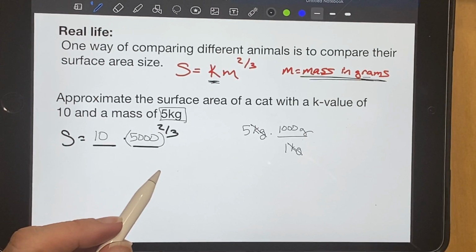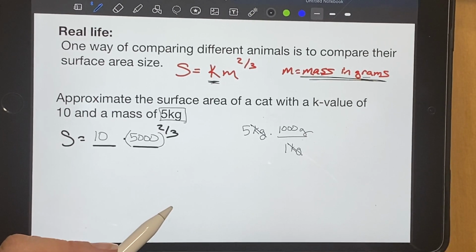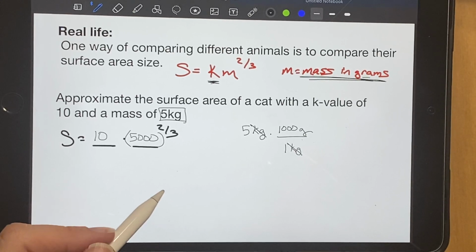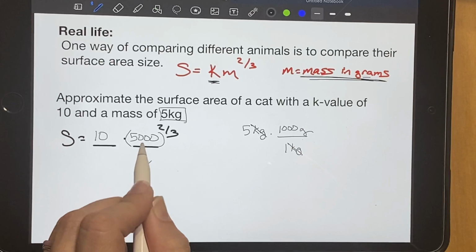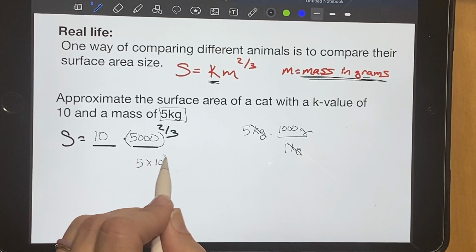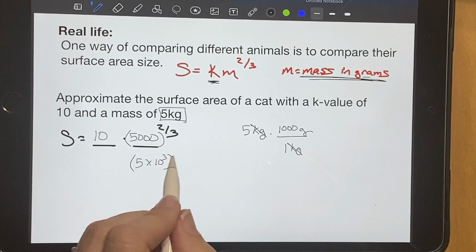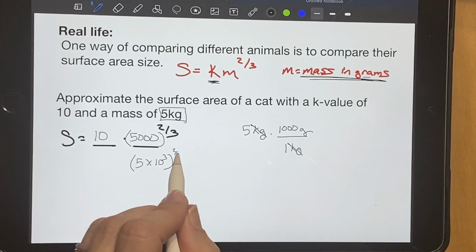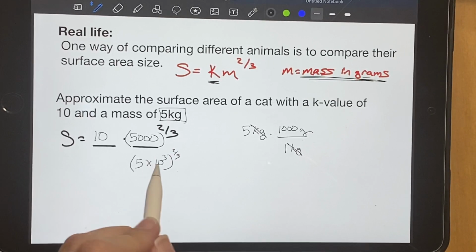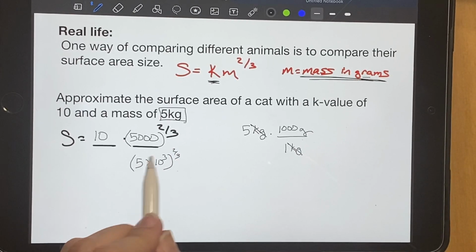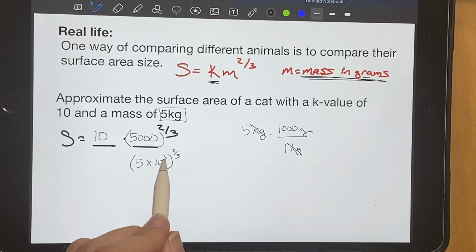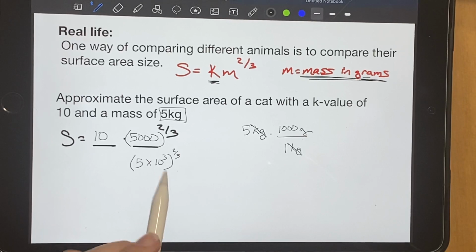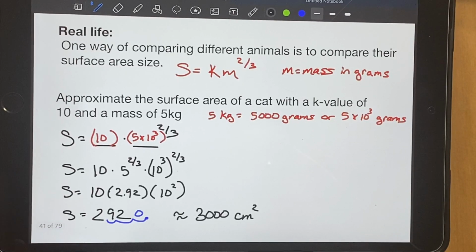This is where that little section on scientific notation is important. If I replace 5,000 with 5 times 10 to the third as scientific notation, to the 2/3, do you now see that we have something that could be multiplied, and a fractional power to a power that's going to cancel out? Let's look at how that works out.